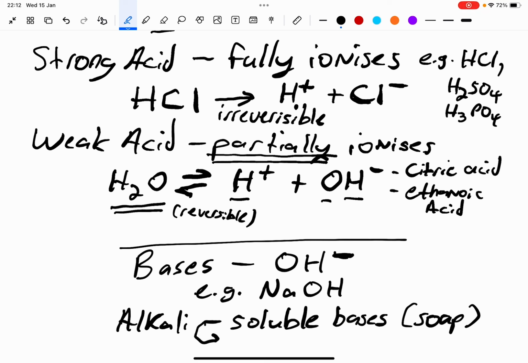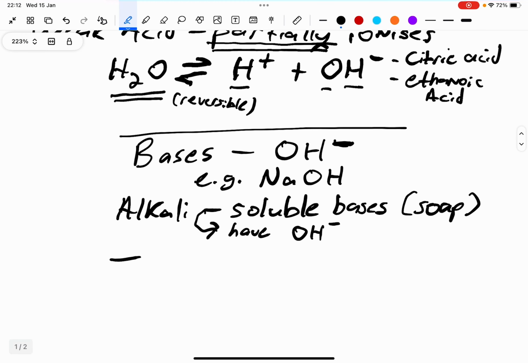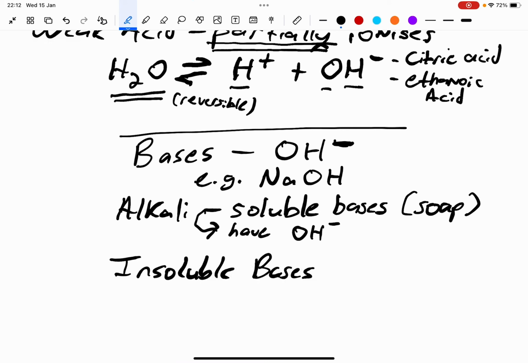Soluble bases tend to be the ones that have OH- in them, like the sodium hydroxide. Whereas insoluble bases, they, for example, are metal oxides, which are insoluble.